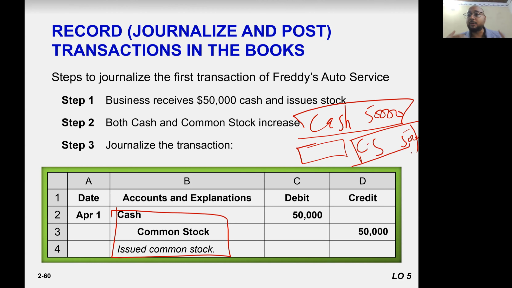So this is how we talk on the phone. The accounting department is told, business received 50,000 cash and issued common stock. The accountants say, okay, sir, cash to common stock 50,000, and that's it. It means they are recording the journal entry, cash to common stock 50,000, balanced 50,000.